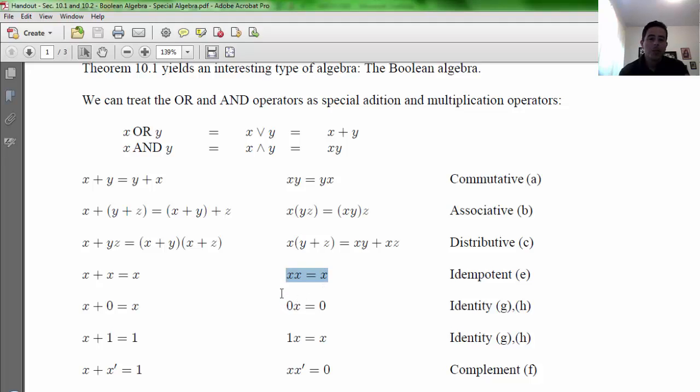Again, remember that this is not arithmetic. This has nothing to do with the algebra that we learned in the past. This is simply saying that x or x is equal to x, and this is saying that x and x is equal to x. So let's prove this one here.